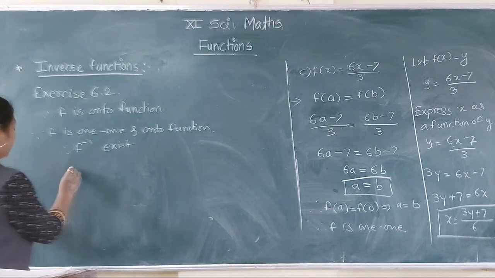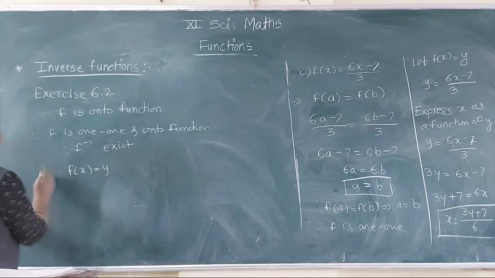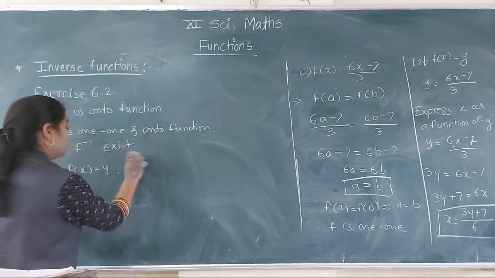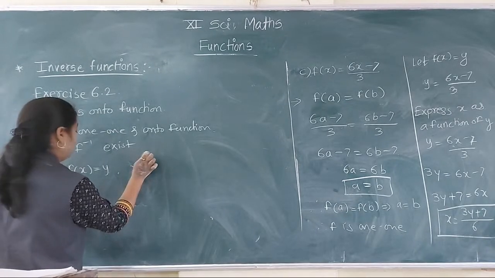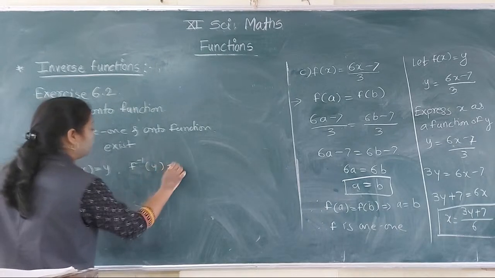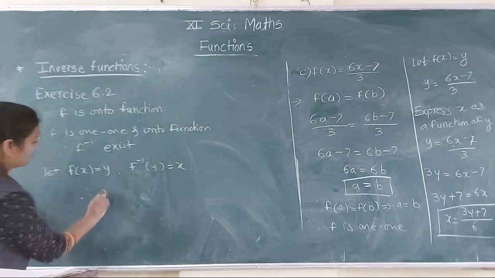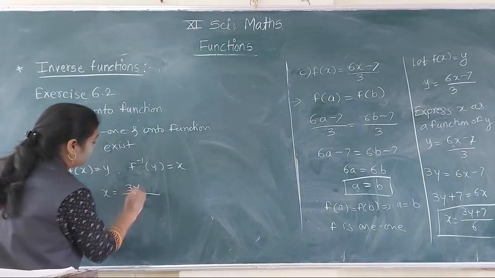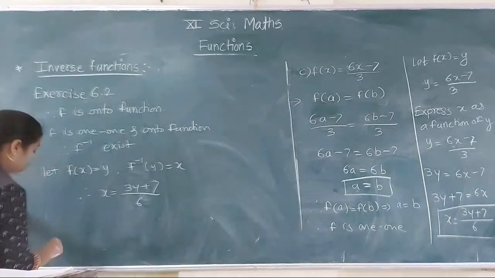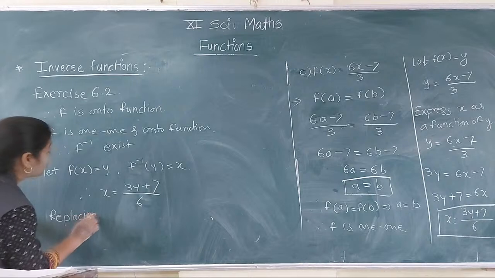Then let's say f of x is equal to y, then f inverse of y is equal to x. Therefore x is equal to 3y plus 7 upon 6. After replacing x by y, we'll get the f inverse of x.